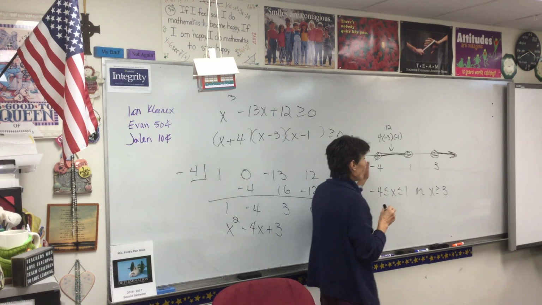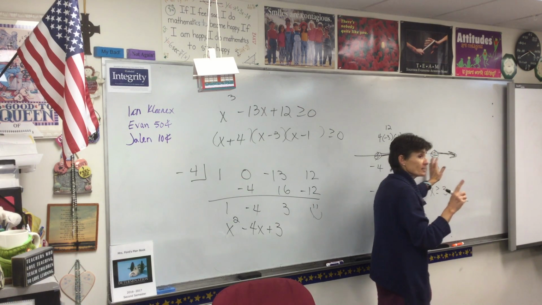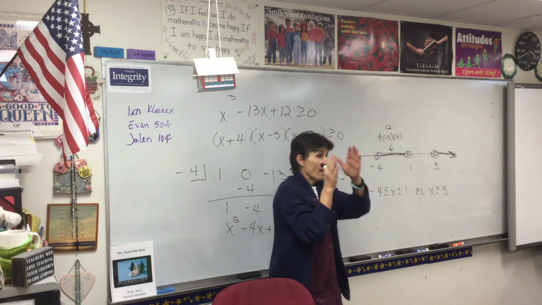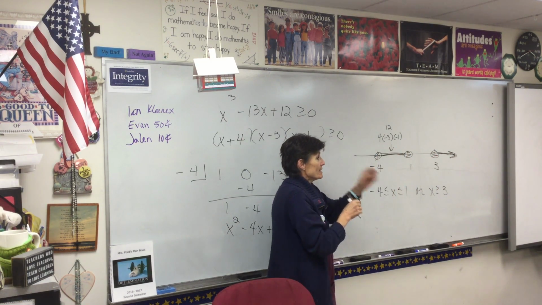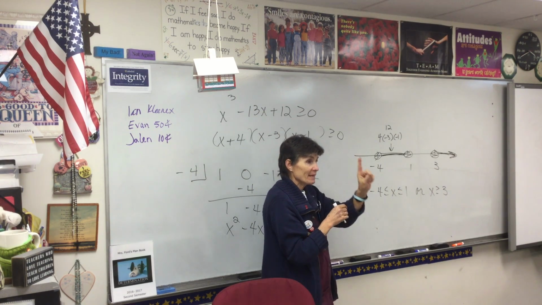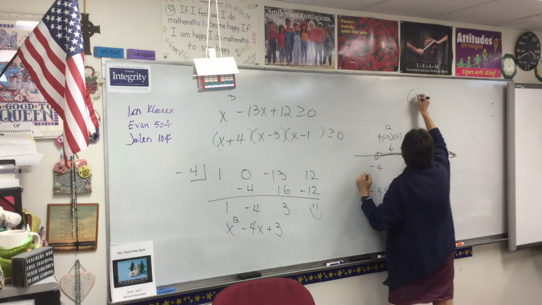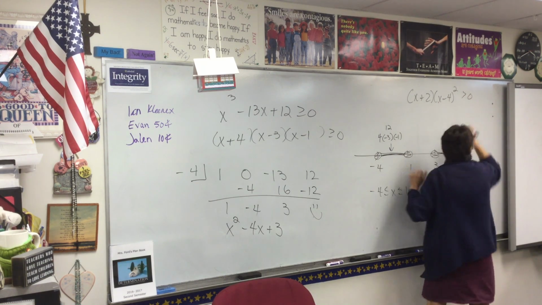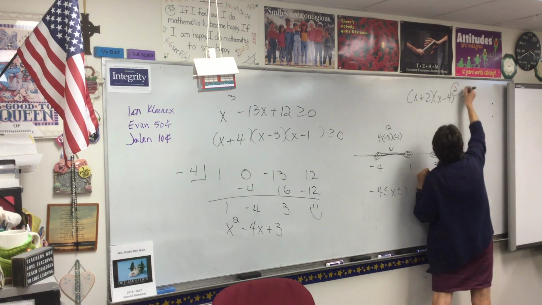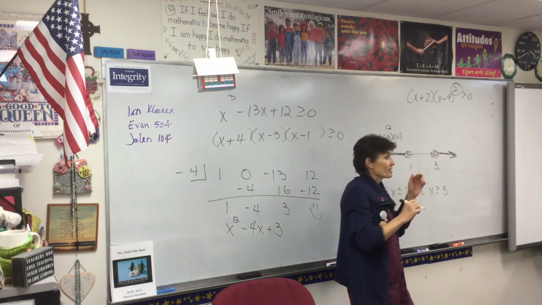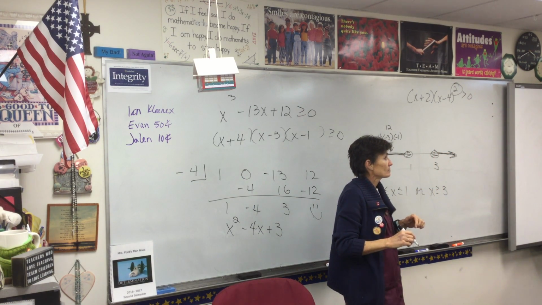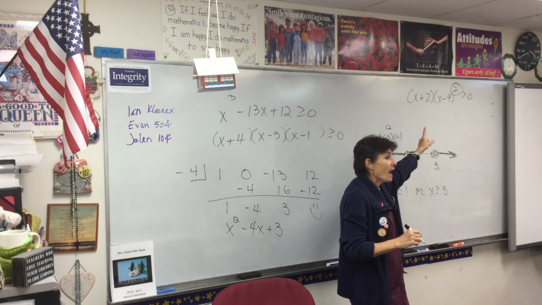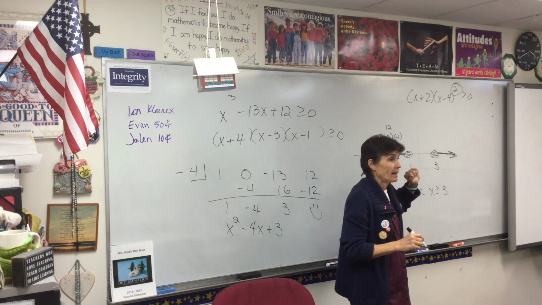You are allowed to check just one number and then alternate in every problem except the one that looks like this. If it has this, you are not allowed to shortcut.